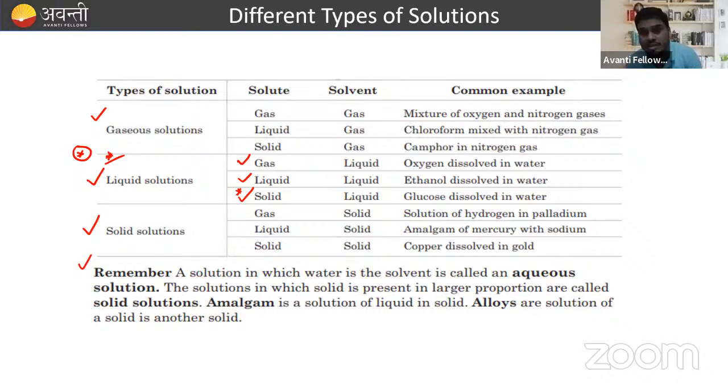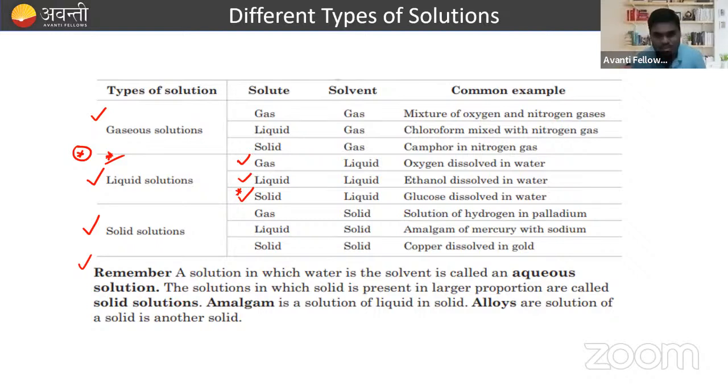So if someone asks what is an aqueous solution, a solution in which water acts as a solvent is called an aqueous solution, whereas a solution in which any solvent other than water is used is known as non-aqueous solution. So if the solvent is water, then aqueous, and any other solvent except water is known as non-aqueous solution. So this thing must be remembered. Now, the solution in which the solid is present in a larger proportion is called solid solution, right?